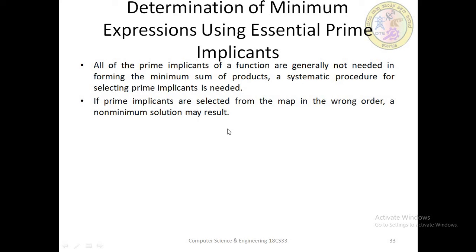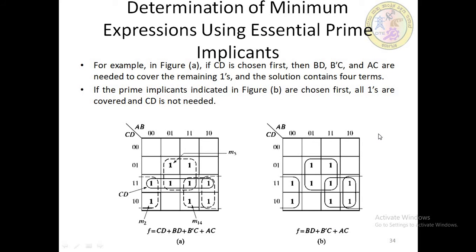If the prime implicants are selected to form a map in the wrong order, a non-minimum solution may result. Suppose we try to group in the wrong order, what will happen? A non-minimum term may result. So always we should try for the minimal term here.